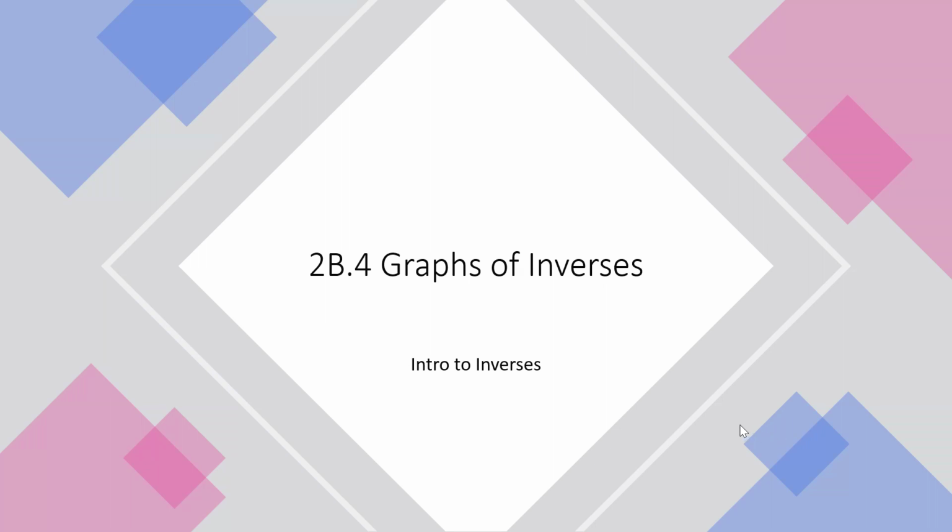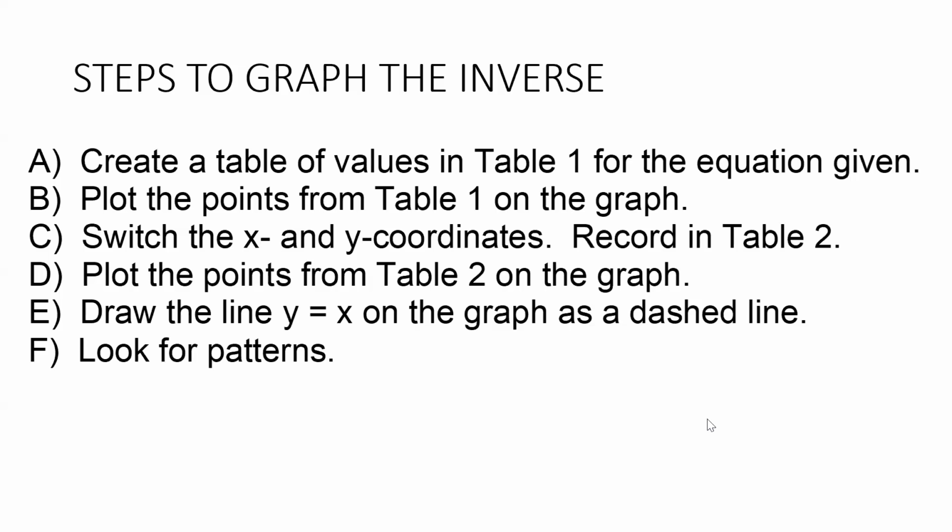All right, so 2B.4, graphing inverses. The fastest way to graph anything is creating a table of values and then plotting those points. Do y'all remember doing that before in life? Given a table of values, plot the points, connect the dots, bam, you got a function, right? Now, what we're at now is talking about our inverses.